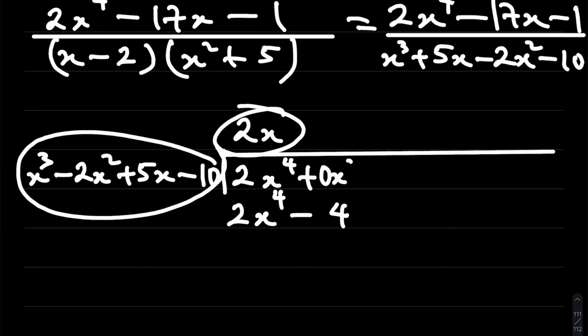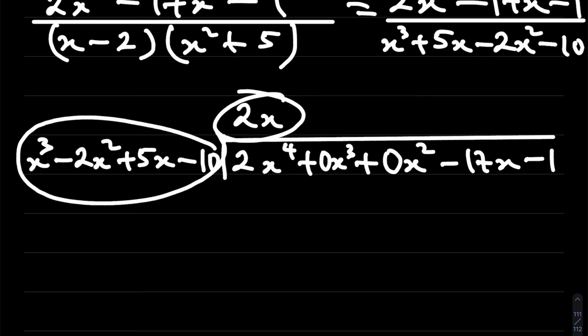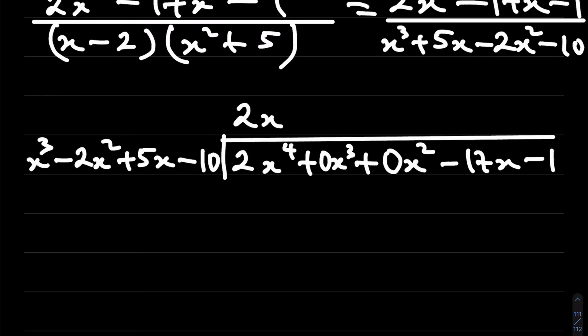The ones that are not there, you can just make them zeros so that you won't be confused. Plus 0x cubed plus 0x squared minus 17x minus 1. So now let me restart the division.